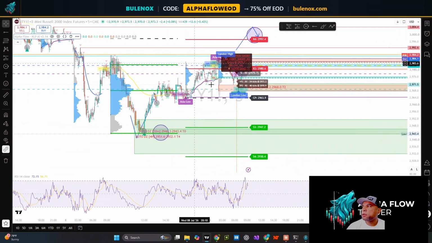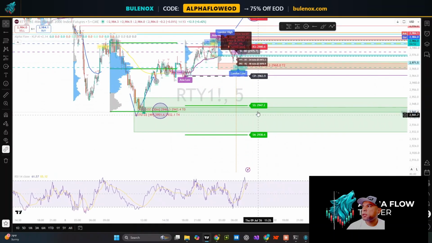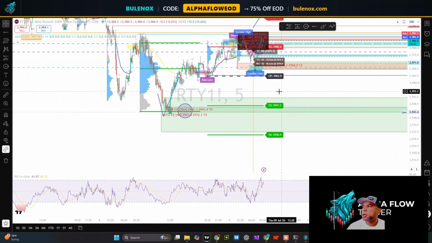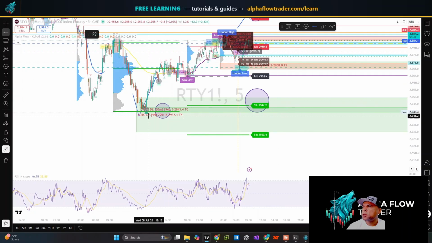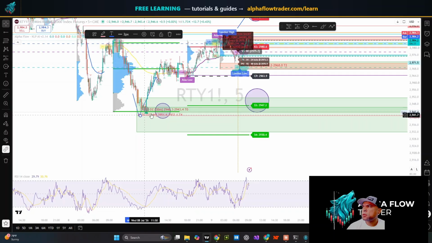And then to the downside, inside day, S3 would be in play still. S3 does look good. It's inside this demand zone. So if we get some rejection off this demand zone and S5, that would look good. Actually, we got a swing low right there.